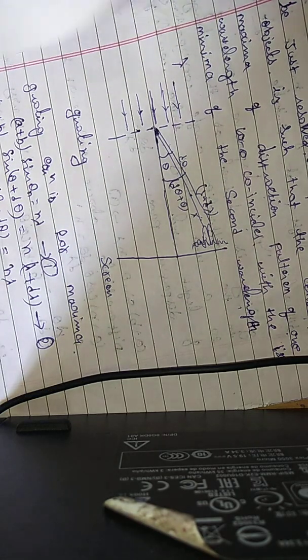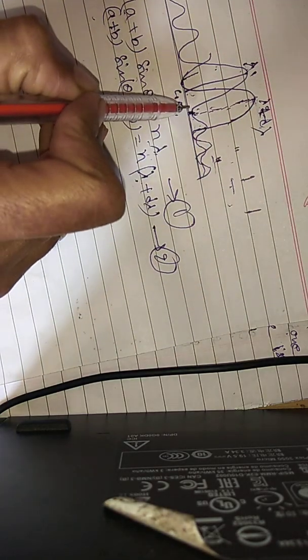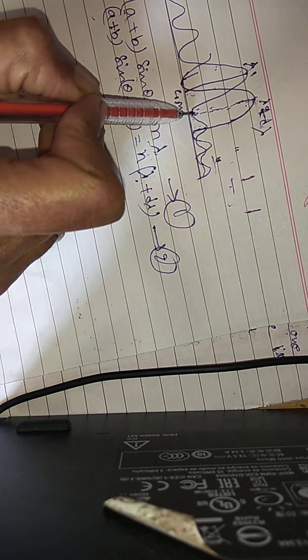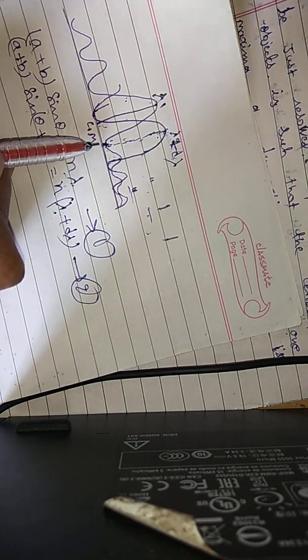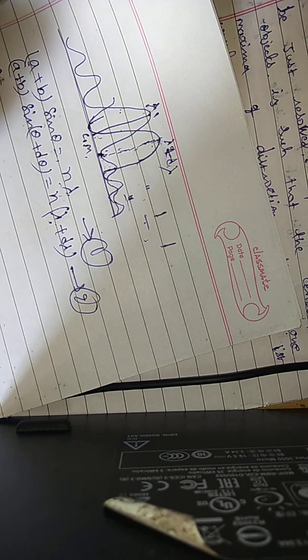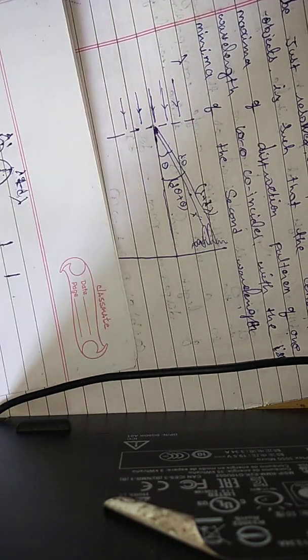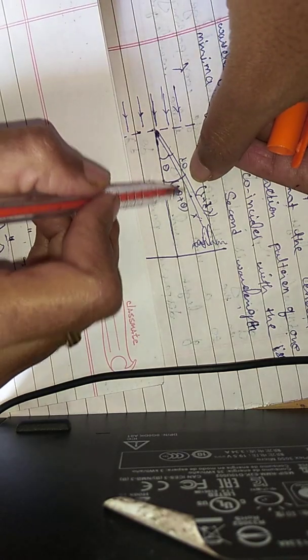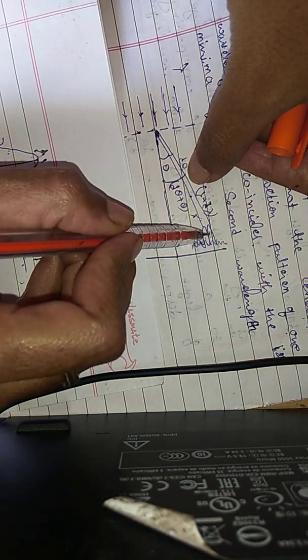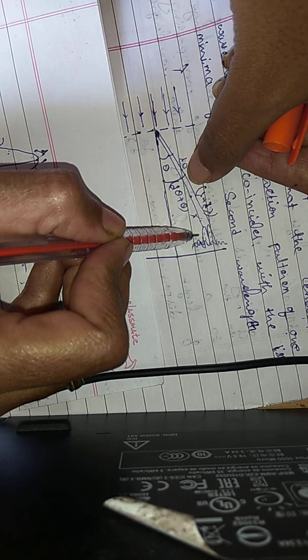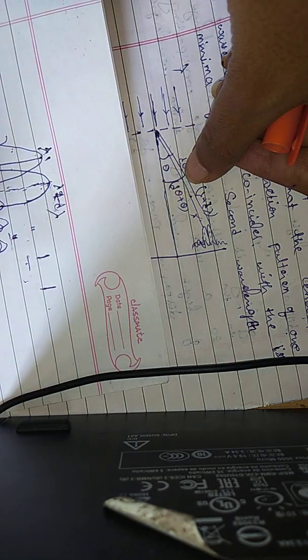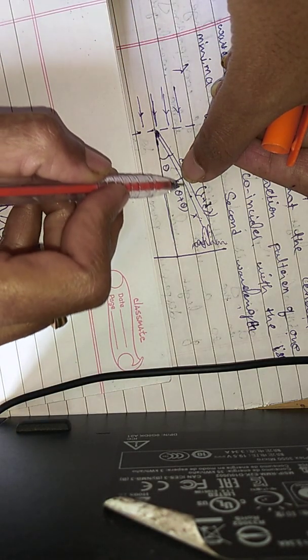Now consider the minima equation. For the minima, the angle changes for the second minima while the wavelength lambda remains the same for this spectral line.